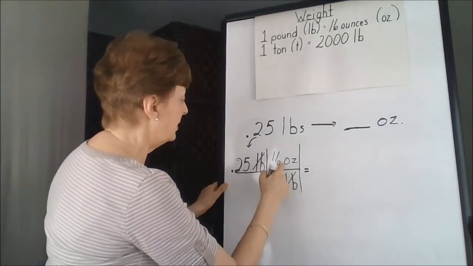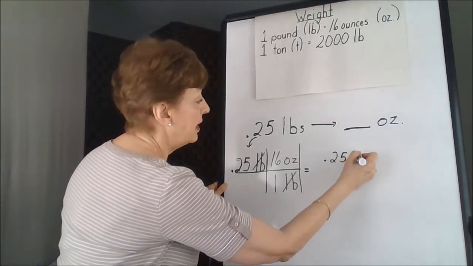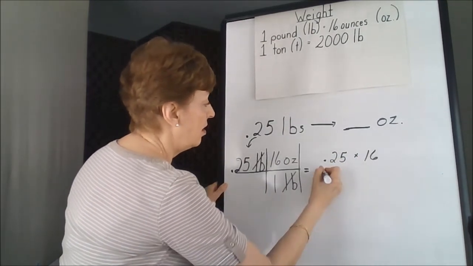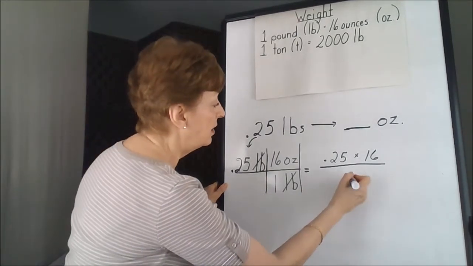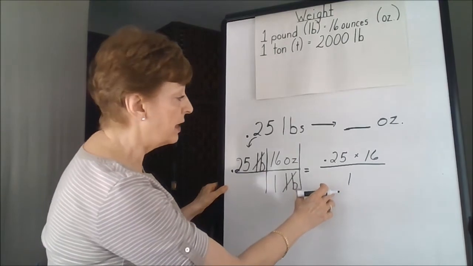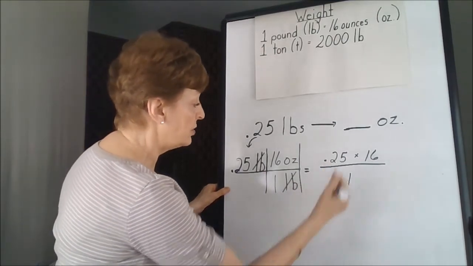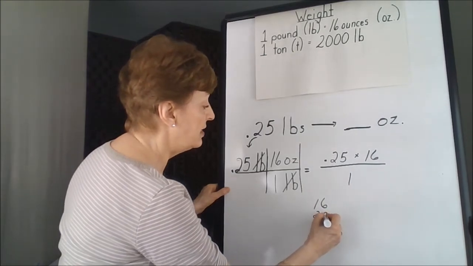Multiply the tops, so this is 0.25 times 16 over, all we have here on the bottom is 1. So this is going to turn out to be a whole number because anything times 1 is whole. So we just have our calculation to do with the decimal.